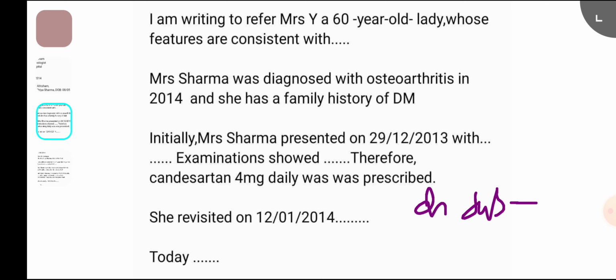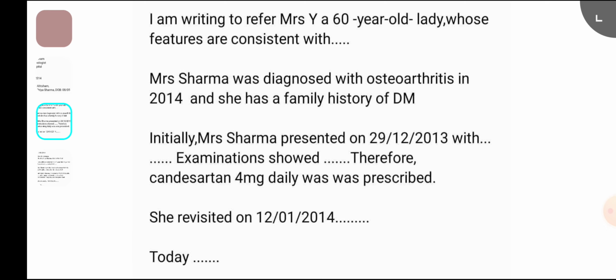If you have like 5 6 7 paragraphs, you write 1 or 2 as the main paragraphs, okay, and then you can write another paragraph, like the second paragraph of your visits paragraph: subsequent visits she presented with this. These are subsequent visits, and in subsequent visits Mrs. XY presented with this and that. And today's paragraph is always a separate paragraph.